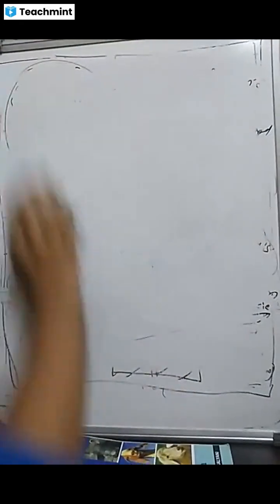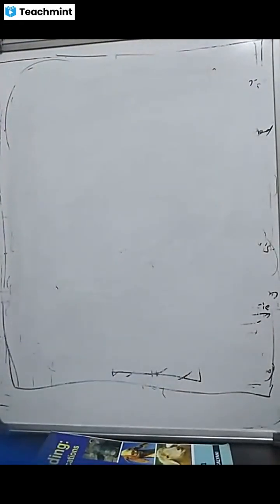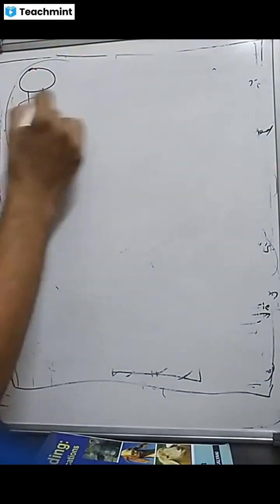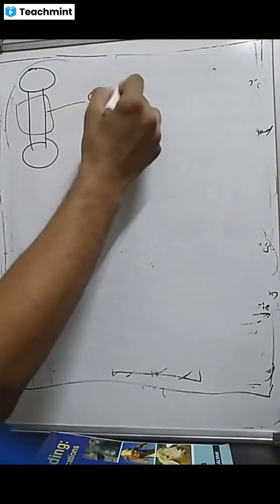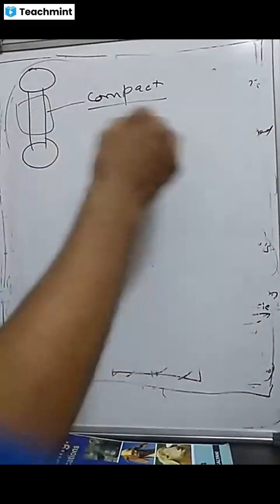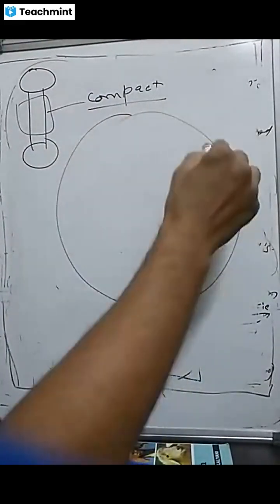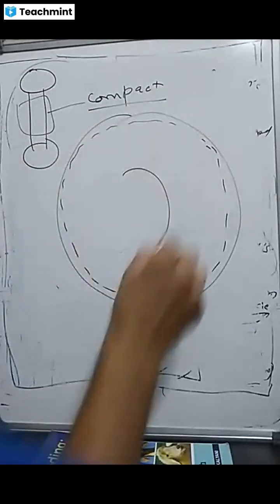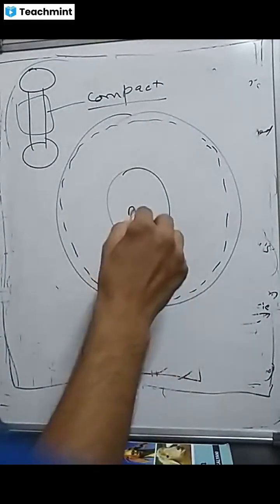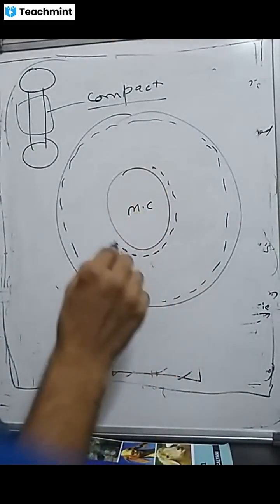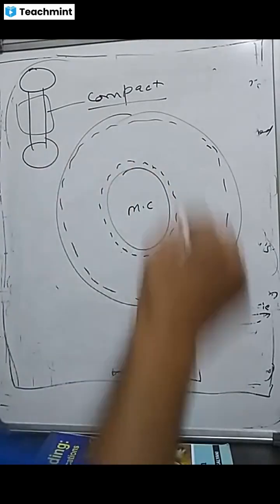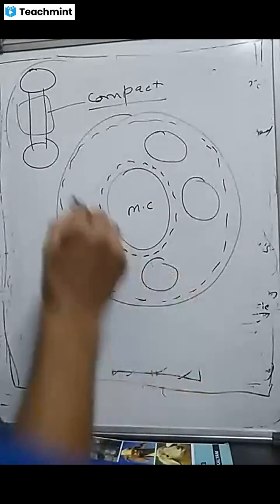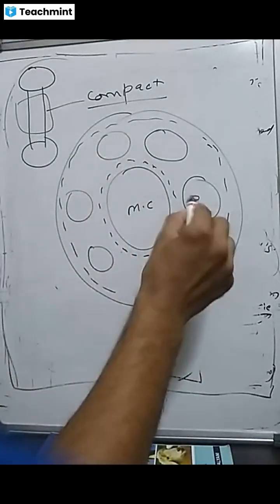This is how compact bone is arranged. We are talking about this part, the compact bone. It is arranged like this: outer circumferential lamella, this is the bone marrow cavity, inner circumferential lamella. This is the periosteum, and these are the endosteum. That center is the Haversian canal.